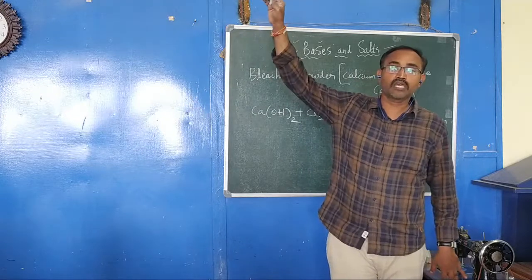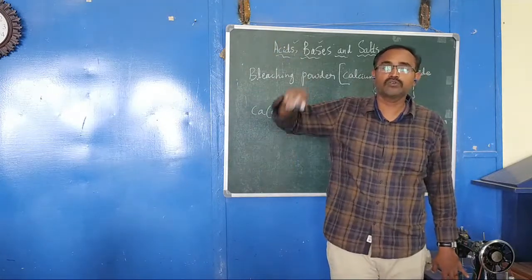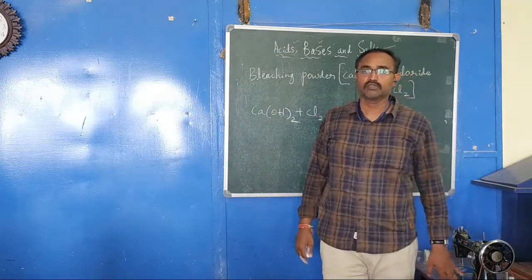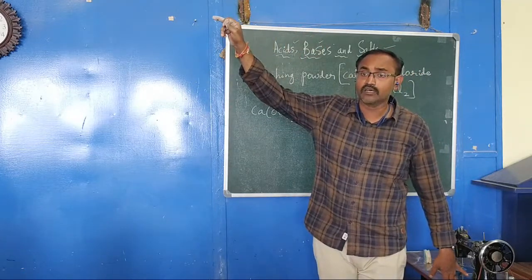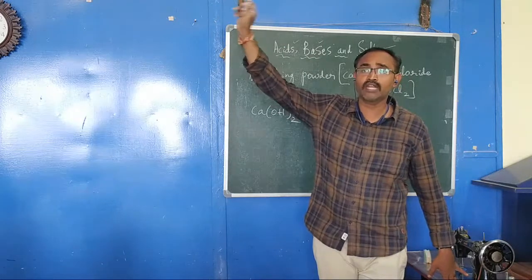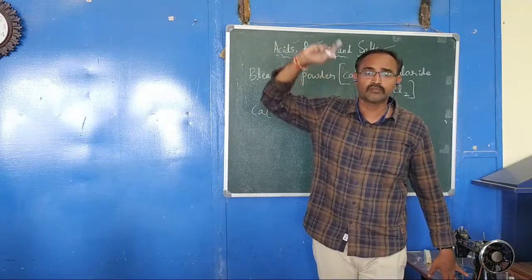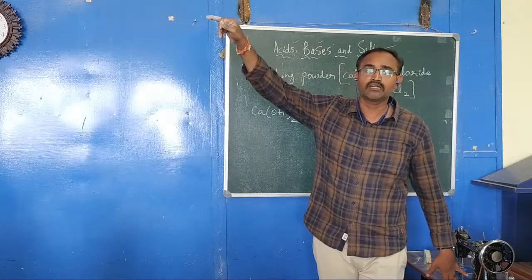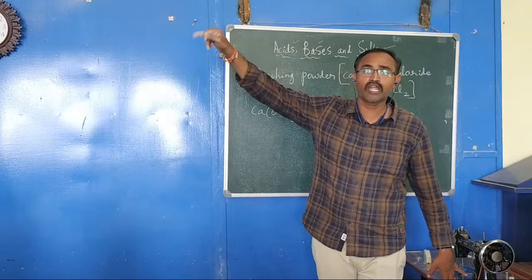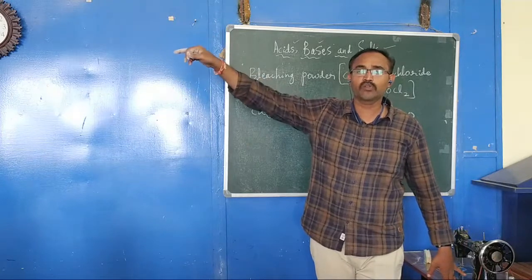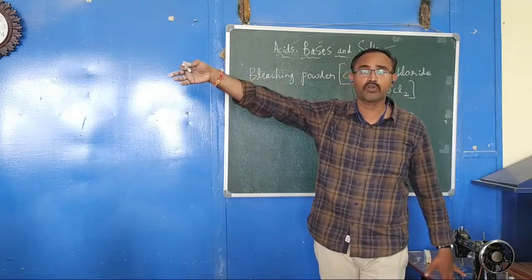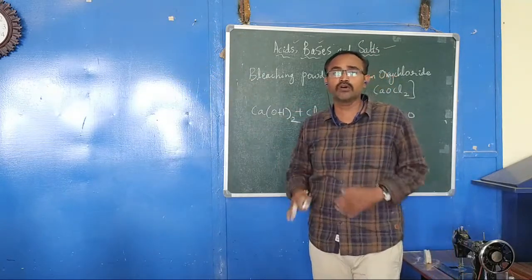How is chlorine formed? By passing electricity to the aqueous solution of sodium chloride, sodium hydroxide, chlorine and hydrogen are formed. So sodium chloride is one of the raw materials; without it, chlorine gas would not be produced.